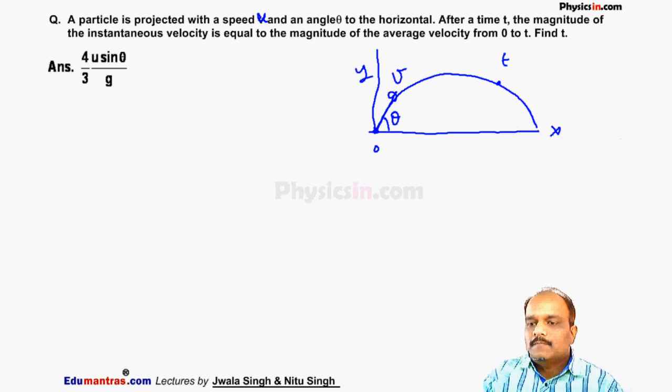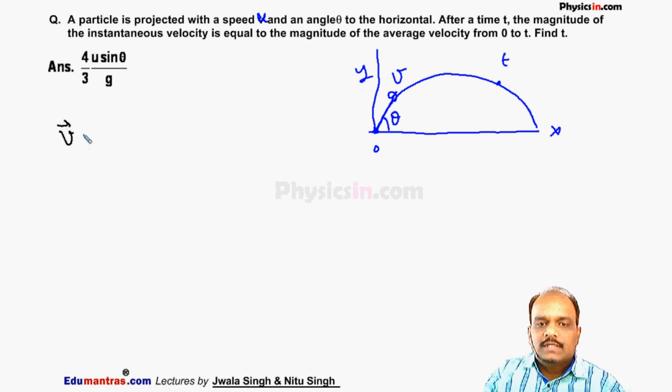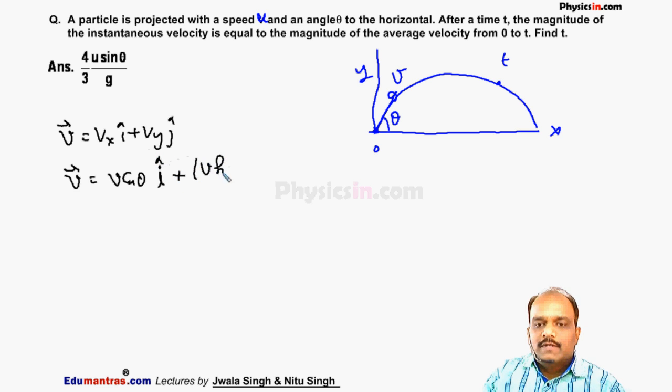At this instant, the question asks for the magnitude of instantaneous velocity. We know instantaneous velocity is Vx i cap plus Vy j cap. As we know, Vx means V cos theta i cap, because the velocity along the x axis will remain the same, and Vy is V sin theta minus gt j cap.